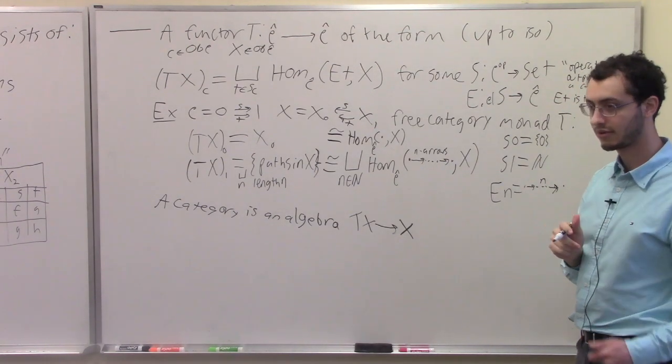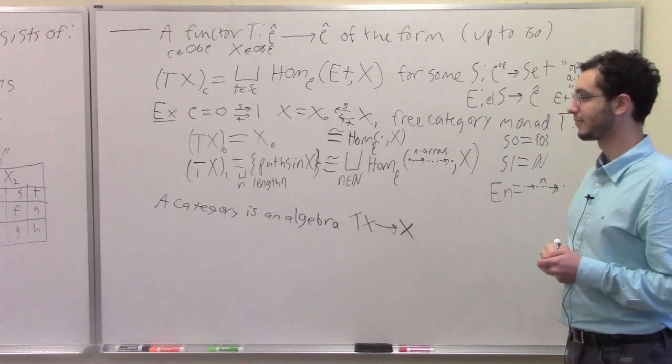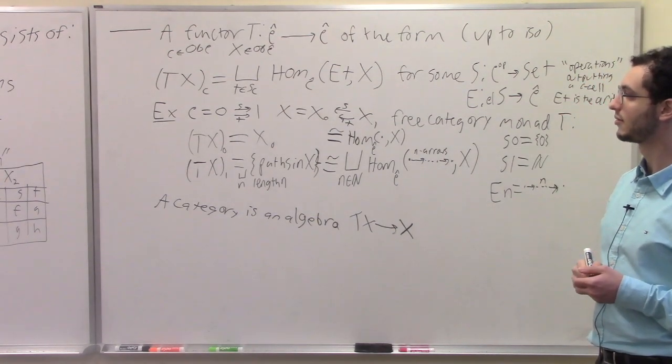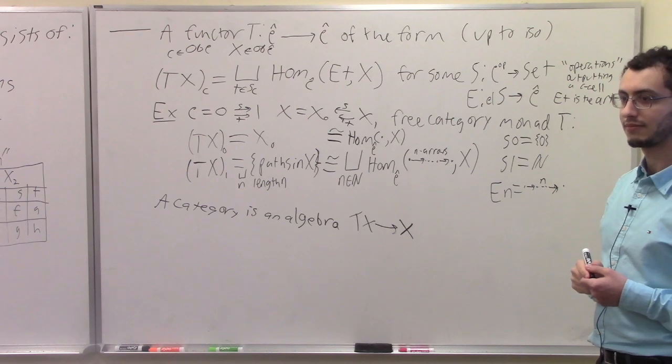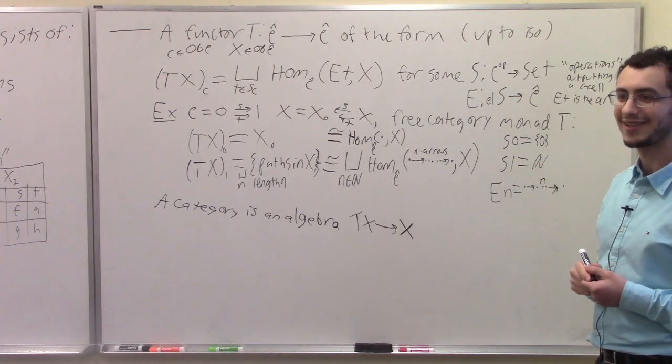So from a database point of view, what we're saying is that each of these Tx of C's is a disjoint union of conjunctive queries, which is a very nice thing.